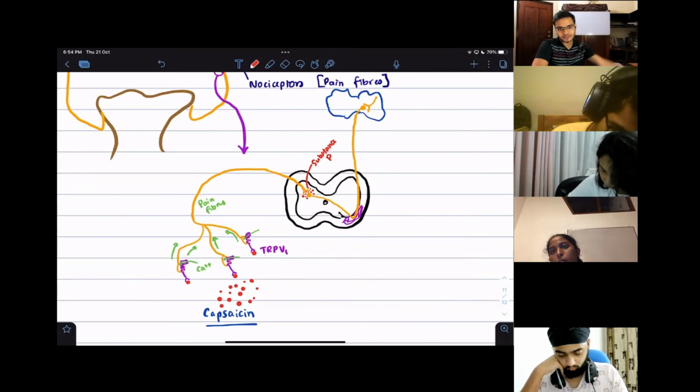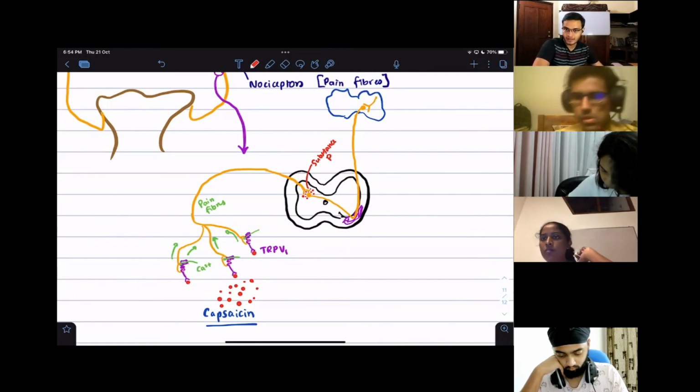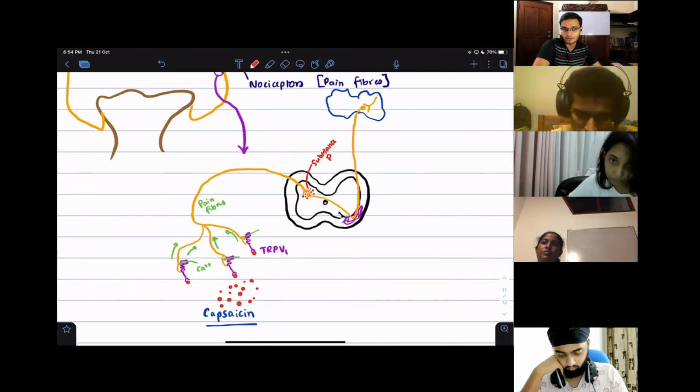Now this is what happens with normal capsicum or chili peppers if they come into contact with your skin.